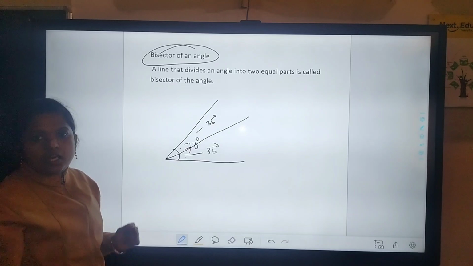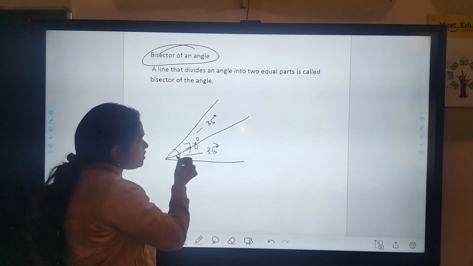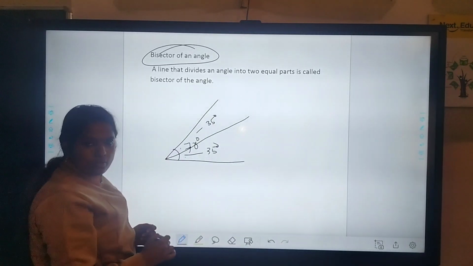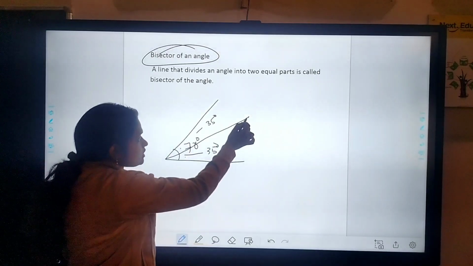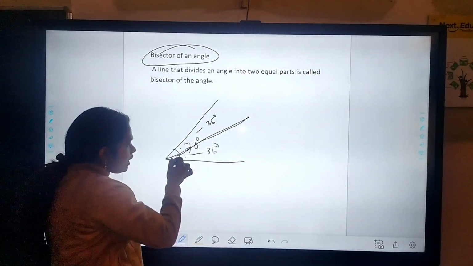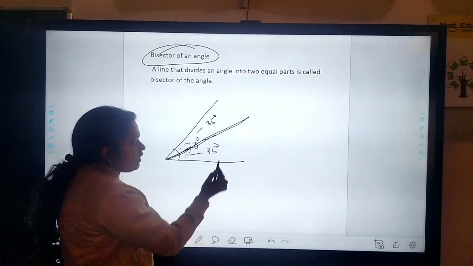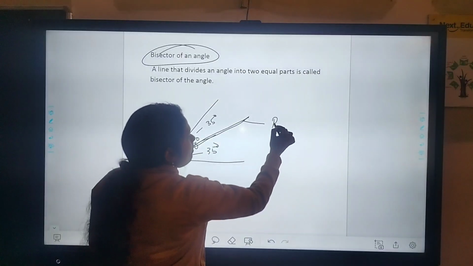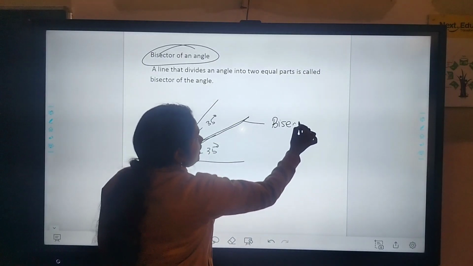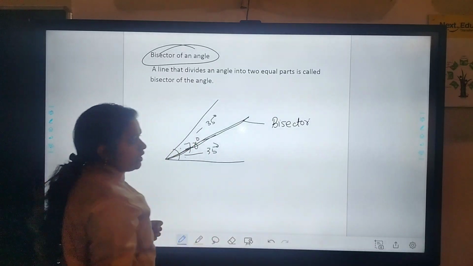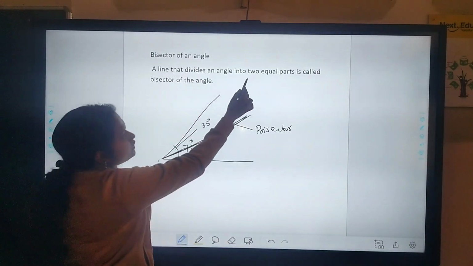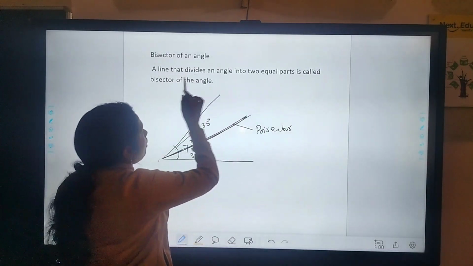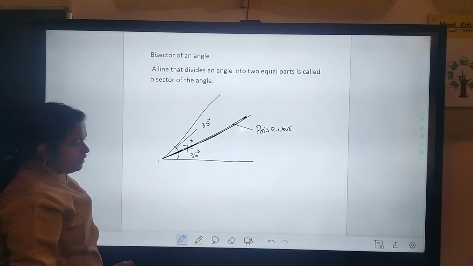So both angles are the same and this line divides the angle into two equal parts. If it divides the angle into two equal parts, we call this line a bisector. So a line that divides an angle into two equal parts is called the bisector of an angle.